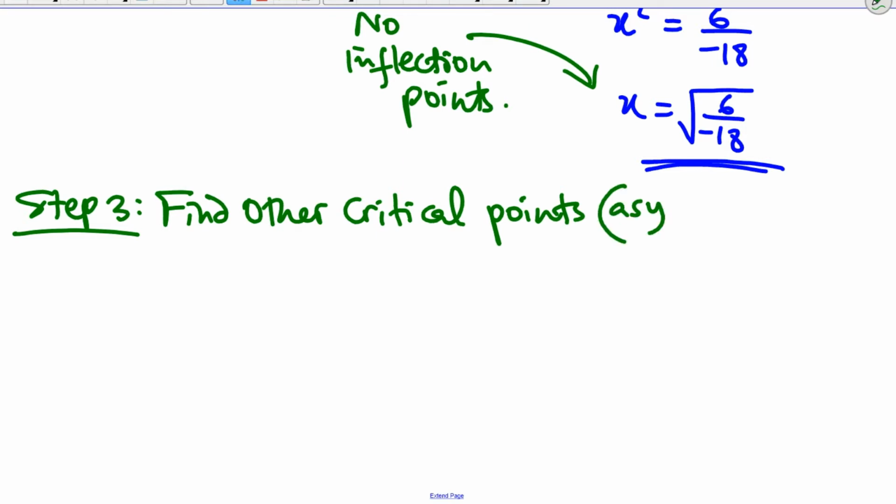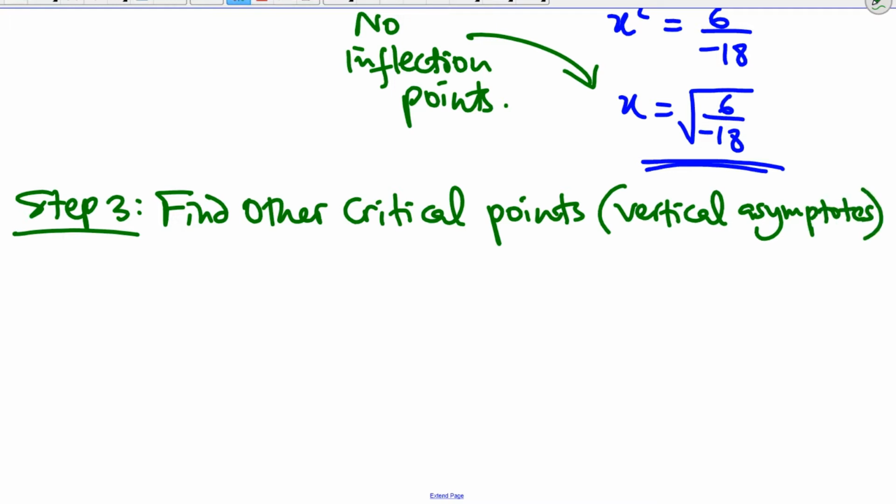Let's just call them asymptotes. And here we're talking about vertical asymptotes, just to be specific. Okay, so these are vertical asymptotes because they are x values.